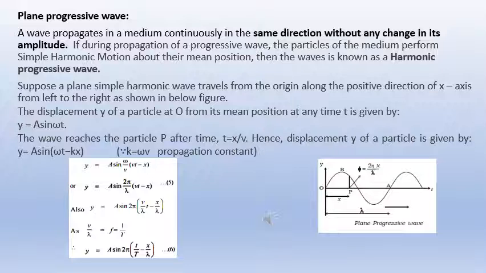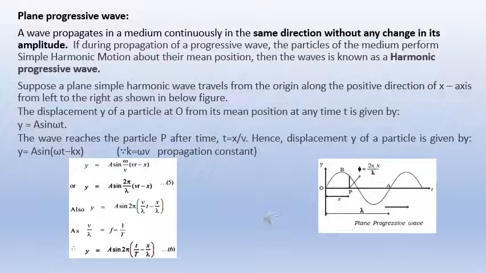Suppose a simple harmonic wave starts from O and travels in the positive x direction with the speed v. The time is measured from the instant when it starts from the origin O. So at the origin, the equation of the wave is A sin ωt.